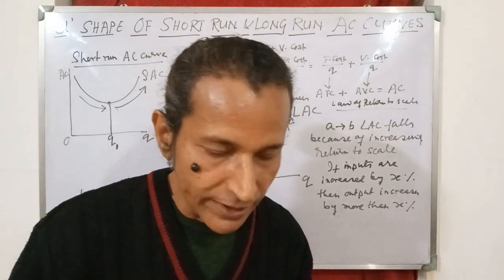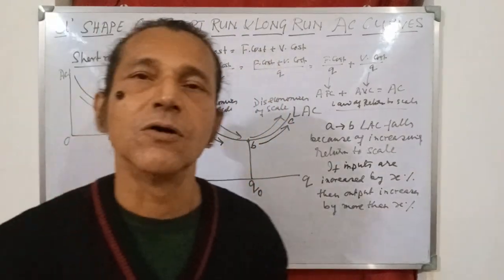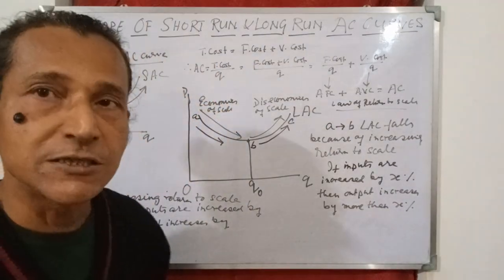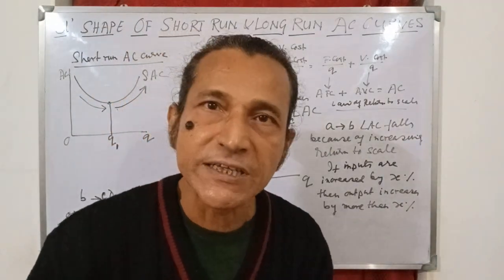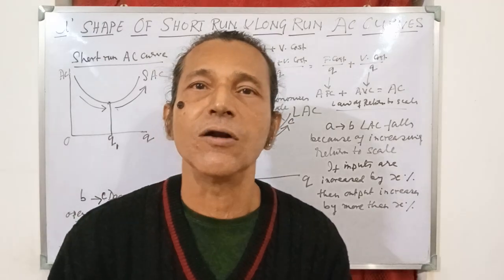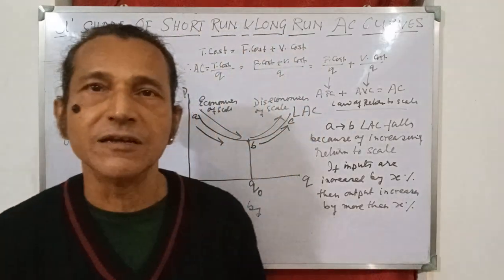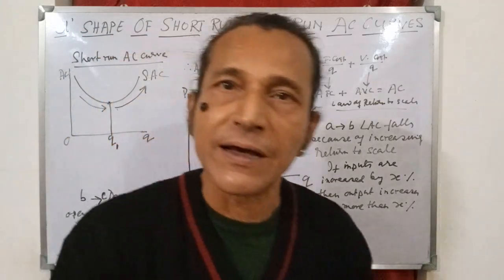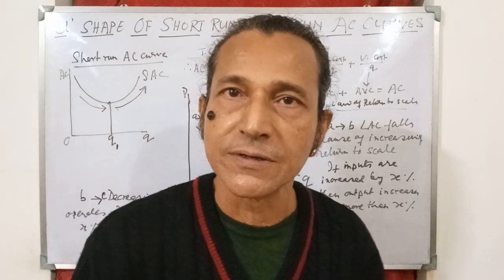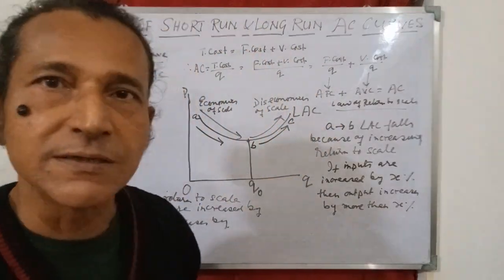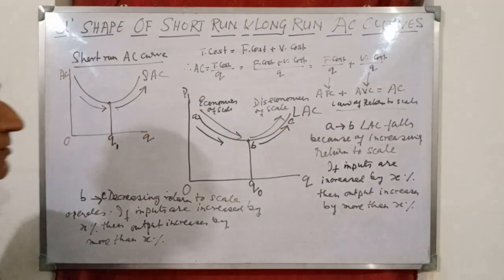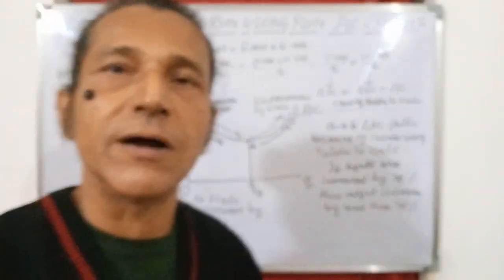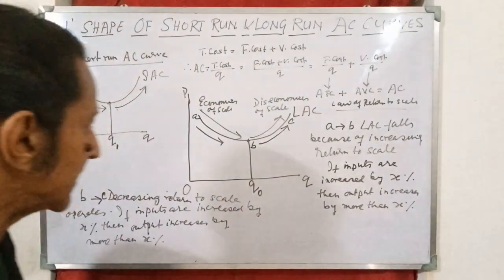Economies of scale operate because fixed factors are well utilized, and diseconomies of scale operate because of inefficient use of fixed factors or inefficiency of certain fixed inputs like management, say labor unrest, so that labor productivity falls, etc. These diseconomies set in when output starts growing beyond a certain level of output.